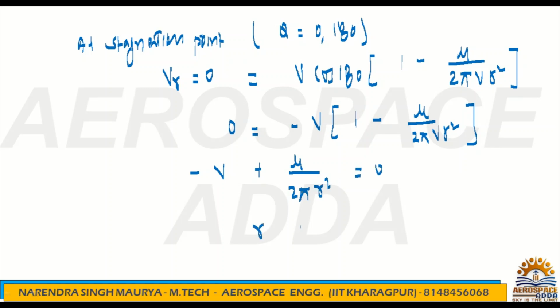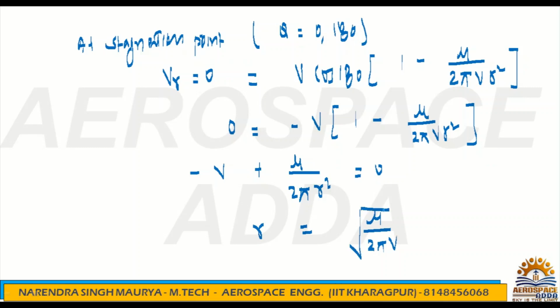Again if you solve for r, you get the same value, which is the root of mu upon 2 pi v. So now it's also very clear.